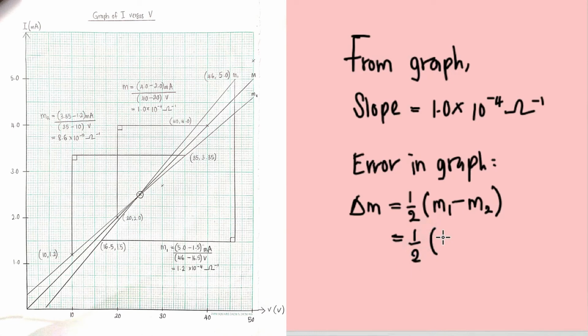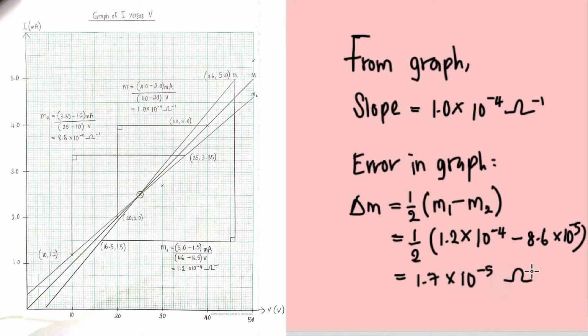For m2, the slope is 8.6 times 10 to the power of negative 5 with the same unit. The error is 1.7 times 10 to the power of negative 5 ohm to the power of negative 1.